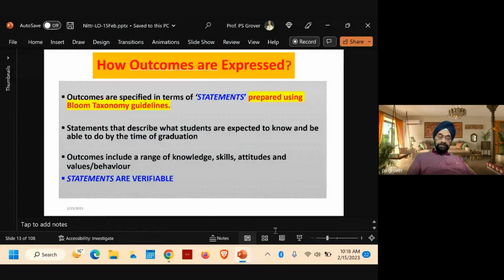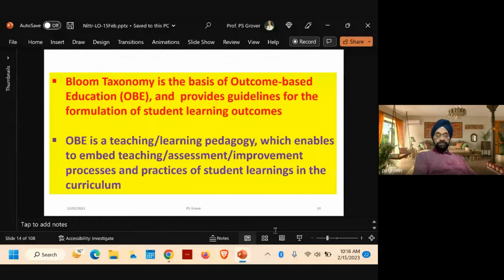Verifiable implies that if I've stated something in a statement, then I have the means of saying what I've stated can be verified. So outcomes are expressed as statements, and then Bloom's taxonomy forms the basis of formulating the outcomes and provides guidelines for the formulation of student learning outcomes.